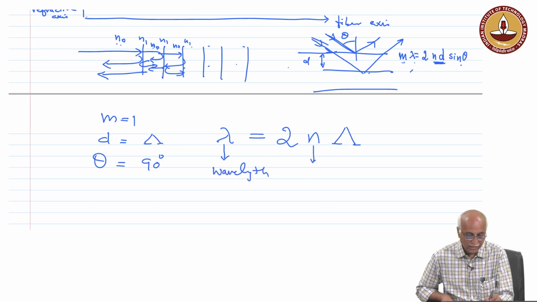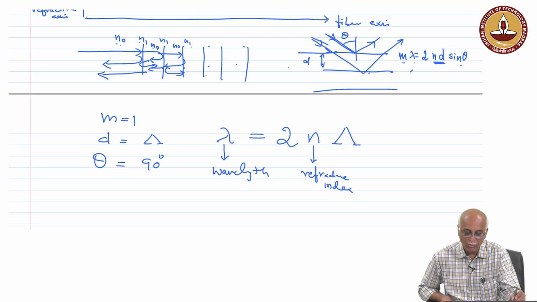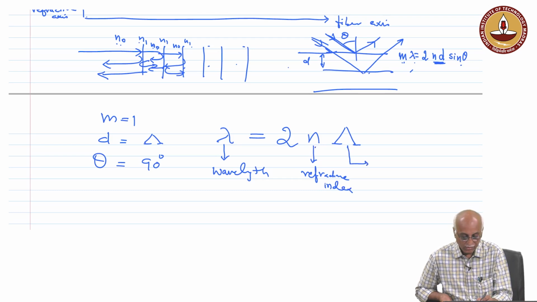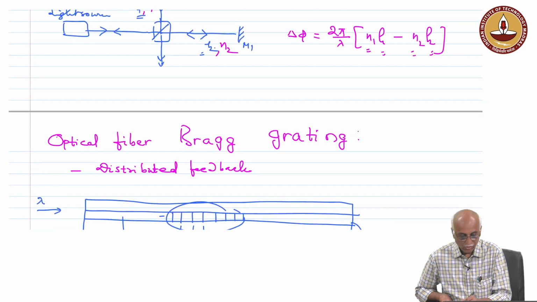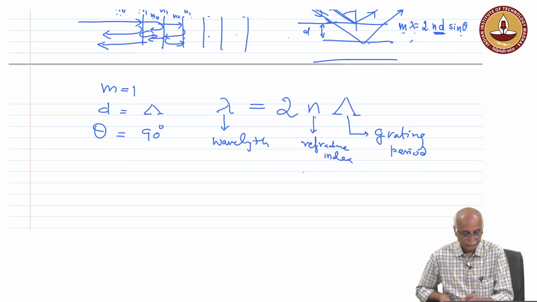What is n? n is the refractive index, in our case approximately an average refractive index, (n1 plus n0) by 2. And the lambda on the right is the grating period, which is shown over here.